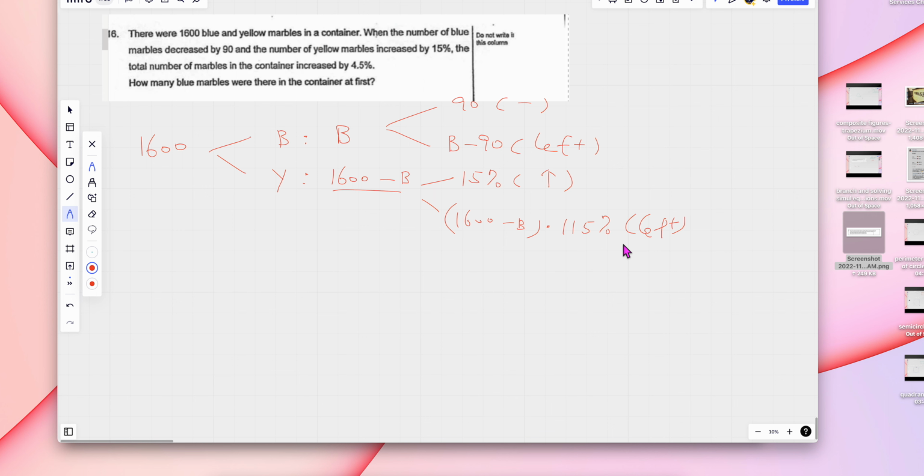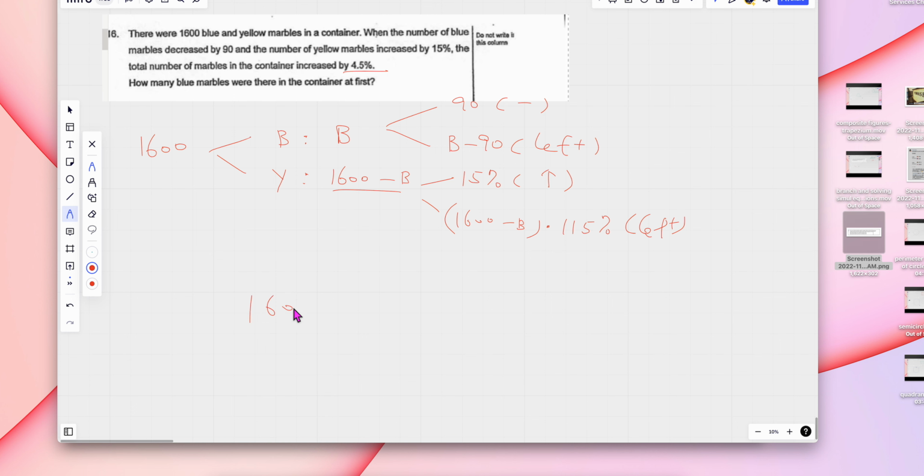So if now I ask you, how many blue marbles left? You point to here. How many yellow marbles left? You point to here. Okay, good. Now it says the total number of marbles in the container increased by 4.5%. So the total marbles increased by 4.5%.